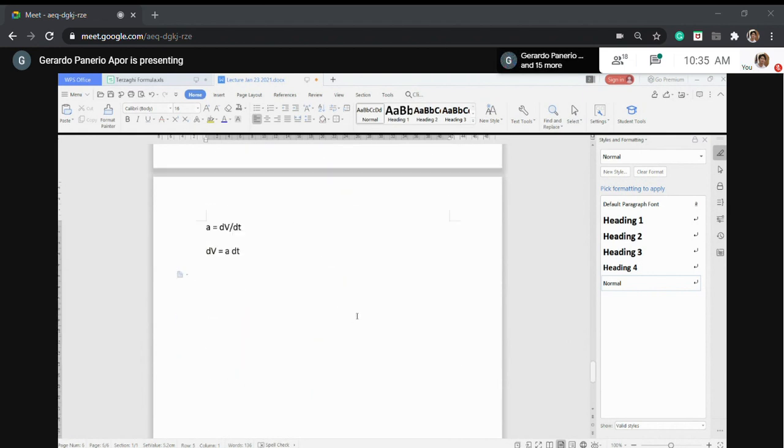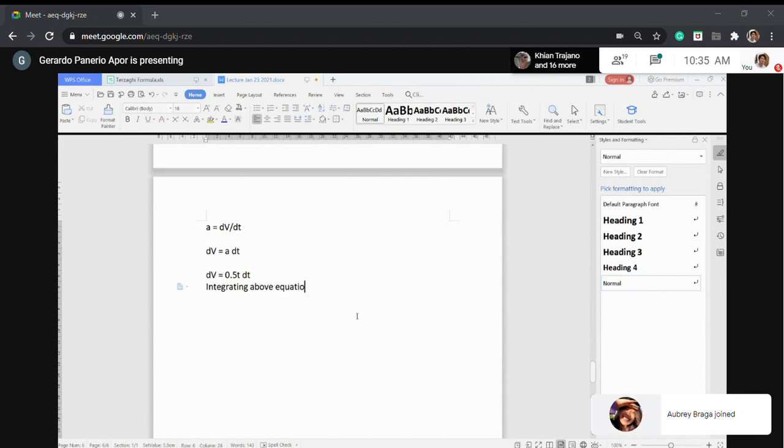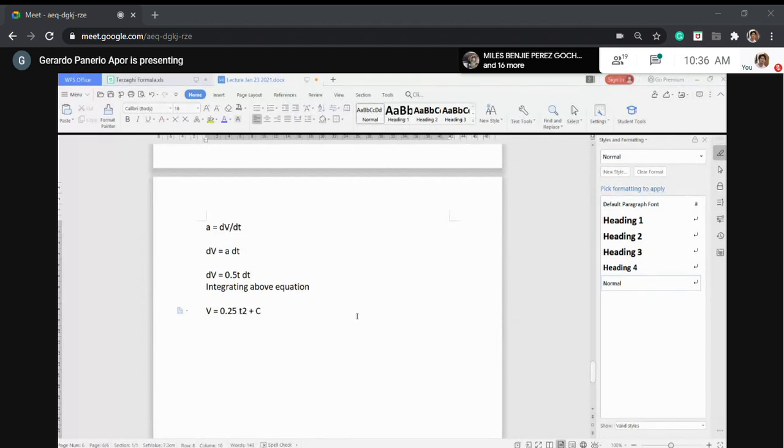We can get the velocity if we integrate this equation. V equals 0.25t squared plus C.